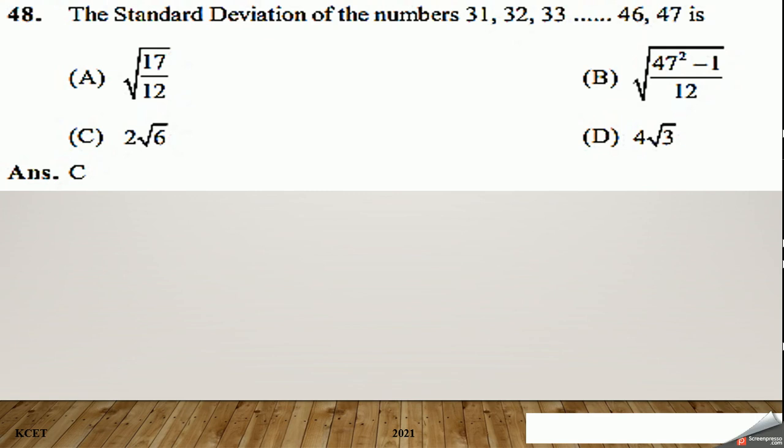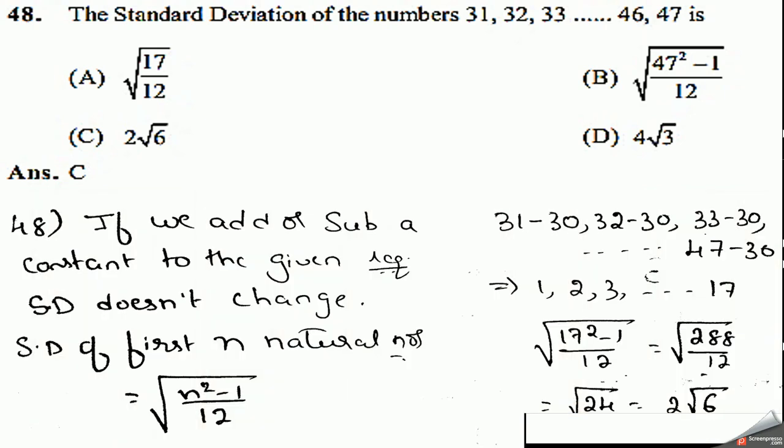The standard deviation of the numbers. As you know, we have one standard formula for variance and standard deviation, and remember that if you add or subtract a constant to all the values given, then there is no change in the original value of the standard deviation.